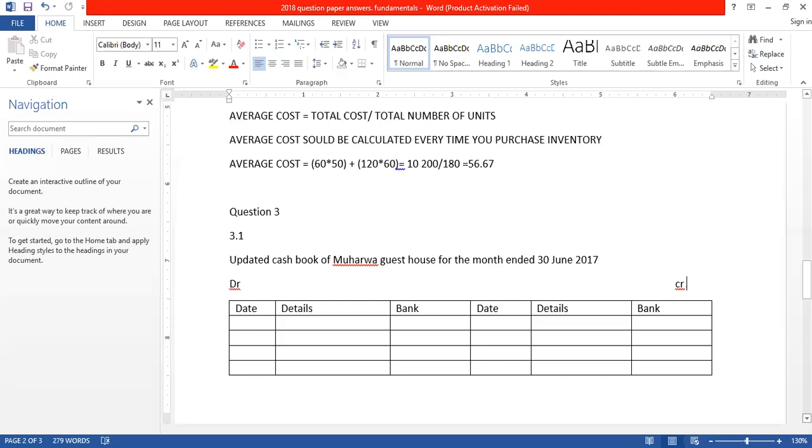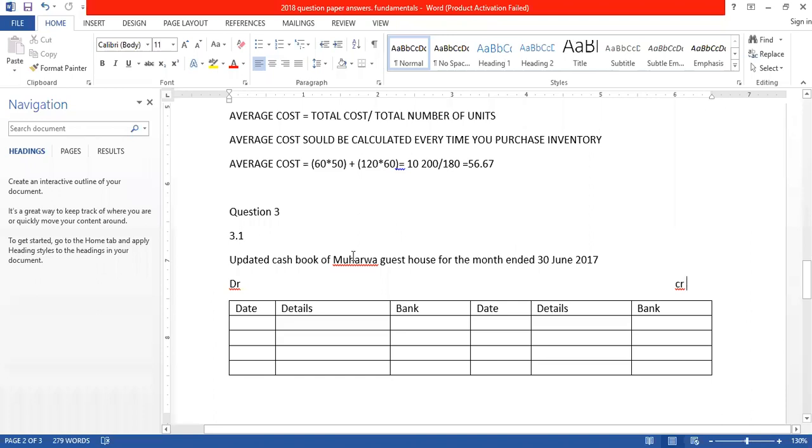Now when you're updating, we do not record it as a balance carried down, but we will need to bring it forward, ne? And we said that for every balance carried down, there should be a balance brought down on the opposite side. So because our balance carried down is on the credit side, our balance brought down should be on the debit side.